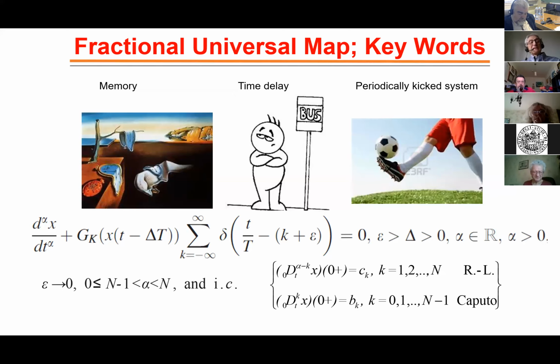So the first significant breakthrough was made in the work by George Zaslavsky, with whom I worked a lot, and Vasily Tarasov. And they introduced fractional maps in the same way as the regular universal map is introduced in regular dynamics.